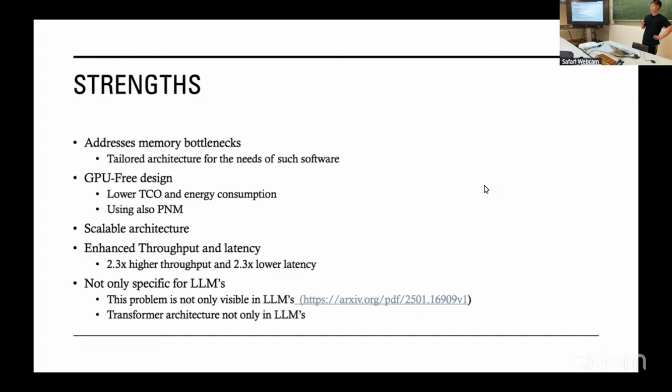We have a scalable architecture with the CXL devices, and hence throughput and latency. It's also not only specific for LLMs. They explicitly did all the evaluations on LLM models, but the transformer architecture is also applied to other ideas, for example, audio generation.